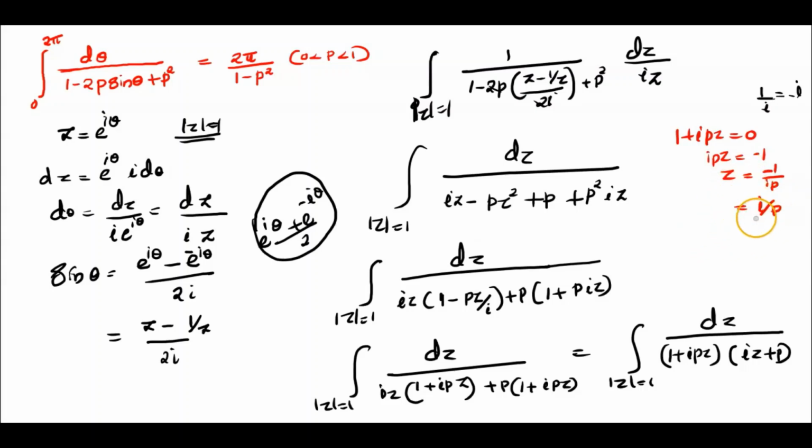So z is equal to i by p is one of our singularities, and the other is when iz plus p equals 0. So iz is equal to minus p and z is equal to minus p by i, 1 by i again minus i and minus minus plus, this is ip. So z is equal to ip and i by p are singularities of this function, and these are simple poles. Clearly these are zeros of order one for both, so these are simple poles.